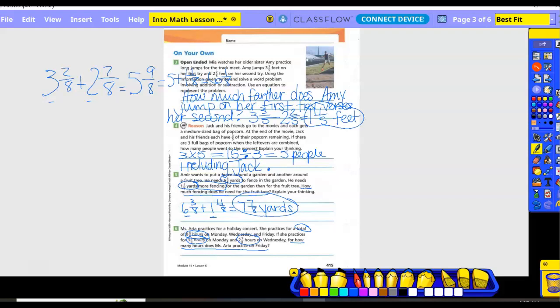Now what am I going to do? Subtract. I need to find out what Friday's was. So 8 6/8 minus 6 1/8. So 6/8 minus 1/8 is 5/8, and 8 minus 6 is 2. So 2 5/8 hours for Friday.